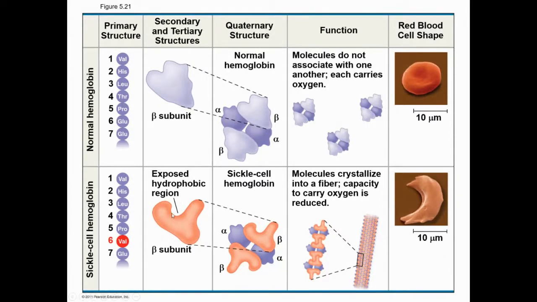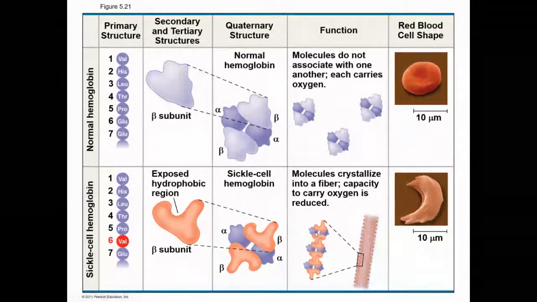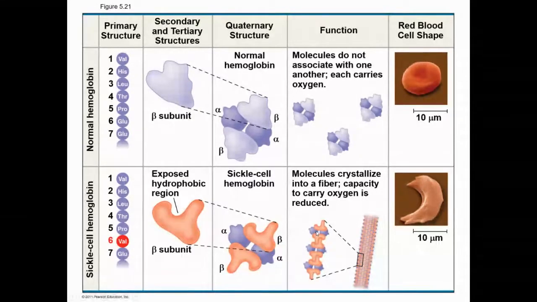But with sickle cell, the conformation changes, and this whole protein is no longer functional and cannot carry oxygen efficiently. That gives you the sickle cell hemoglobin.